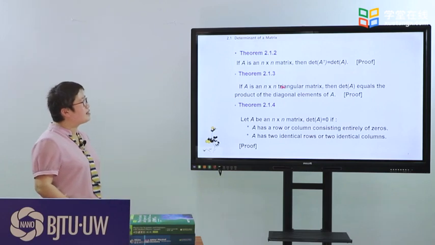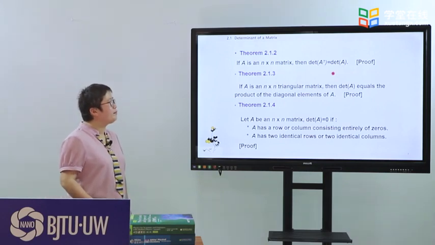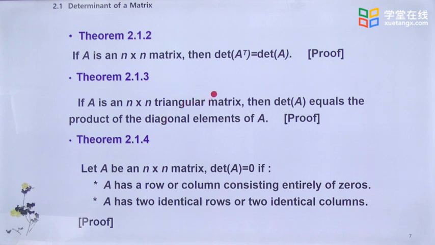Okay, now we see the next theorem, theorem 2.1.3. If A is an n by n triangular matrix, then the determinant of A equals the product of the diagonal elements of A. For this theorem, we can also show it by cofactor expansion. Because it's a triangular matrix, for example, you first make cofactor expansion along the first column. Here, only 1 entry is non-zero, and you will get this 1 entry times the cofactor.